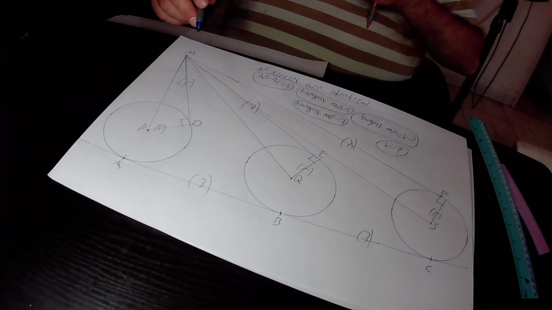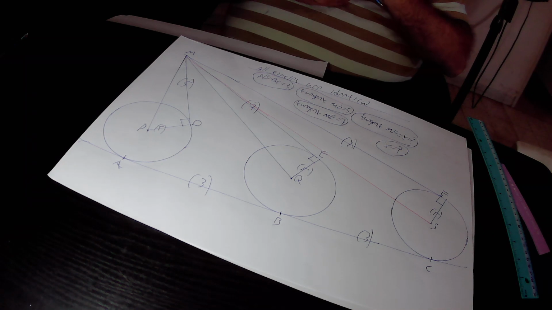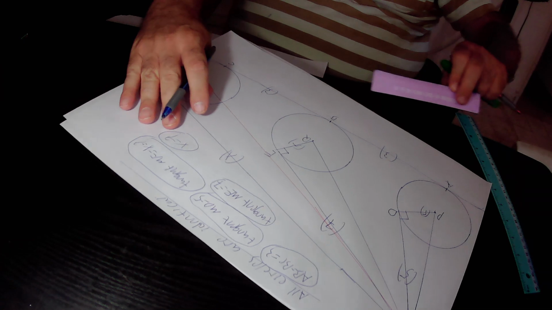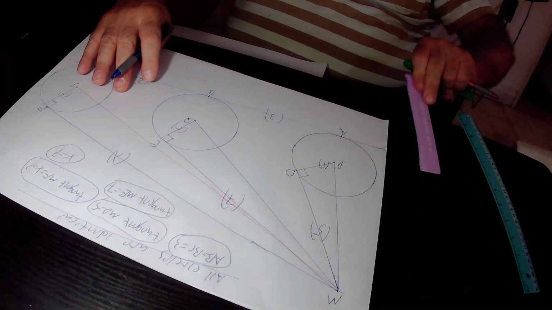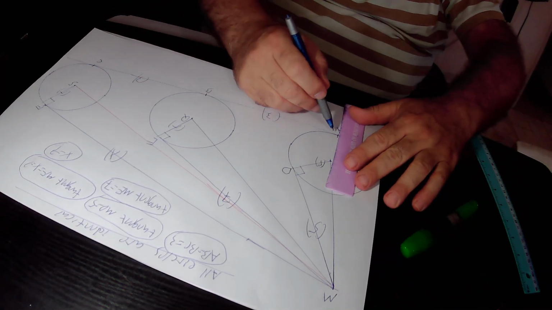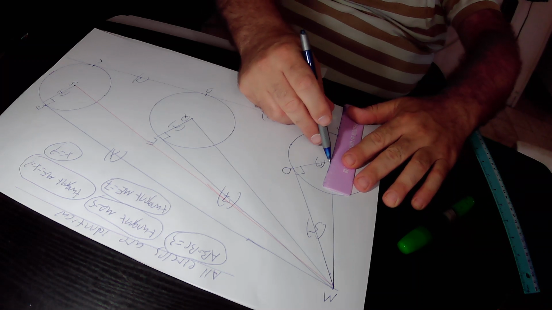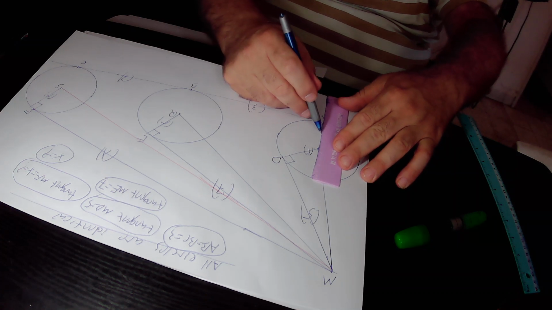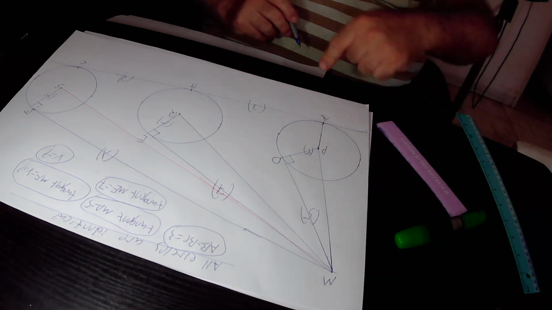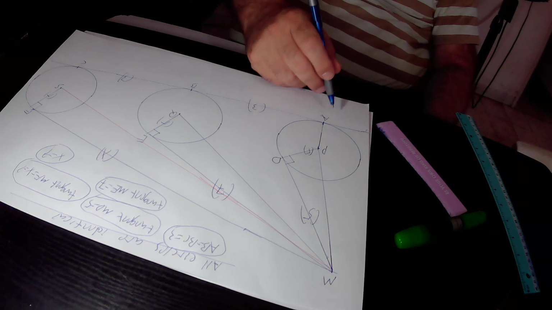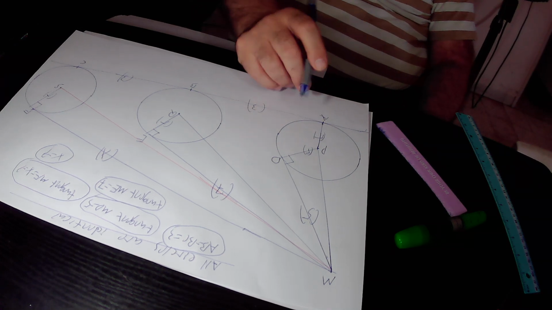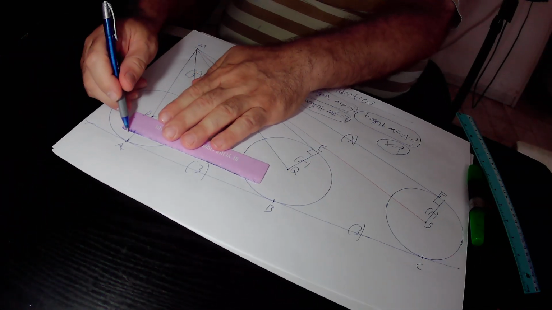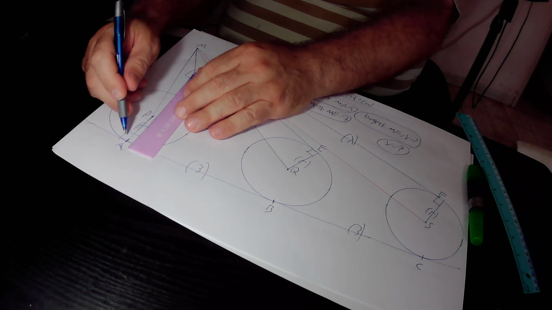In the next step, we will join points P and A together by a straight line. PA is of course the radius of this circle, that is R, and according to rule 1, this angle equals 90 degrees, and this angle also equals 90 degrees.